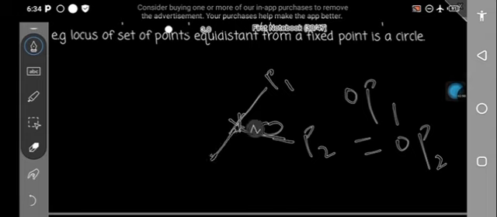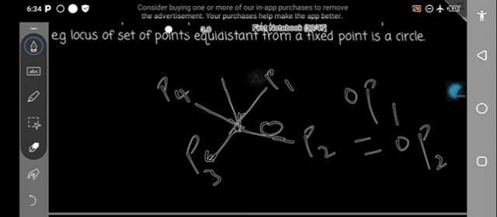Let's try to make them look equal as much as possible. Let's call this P3, and this P4. You can draw as many points as possible.